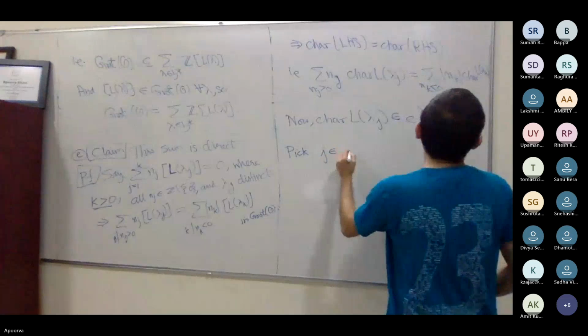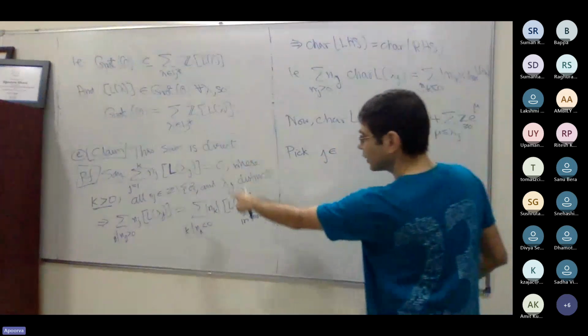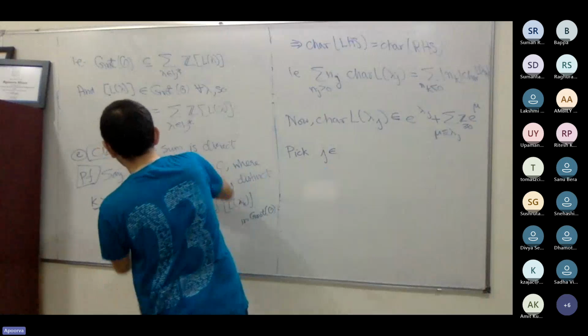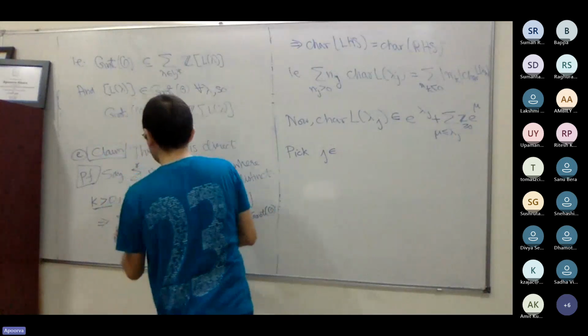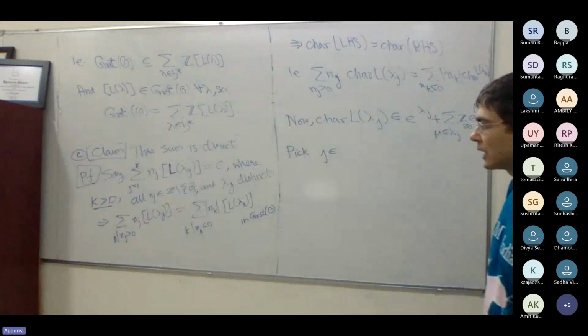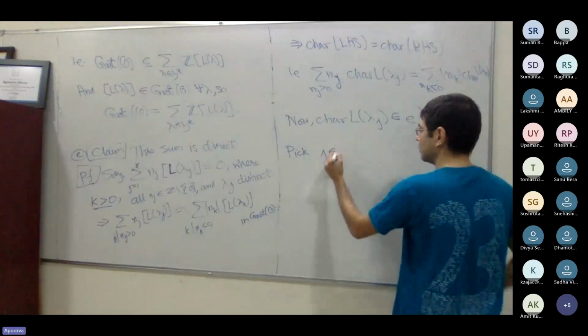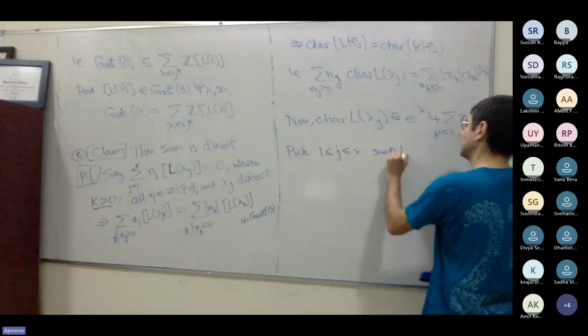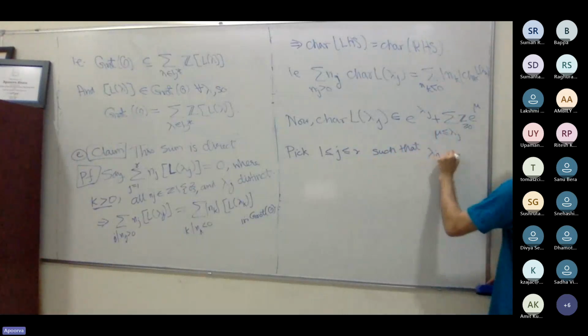Pick j in, did I just say j equals 1 to k and put k here? That's horrible. Let's put j equals 1 to r. Sorry, I keep mixing up notation. But fine. Pick 1 less than or equal to j less than or equal to r such that lambda j is maximum.